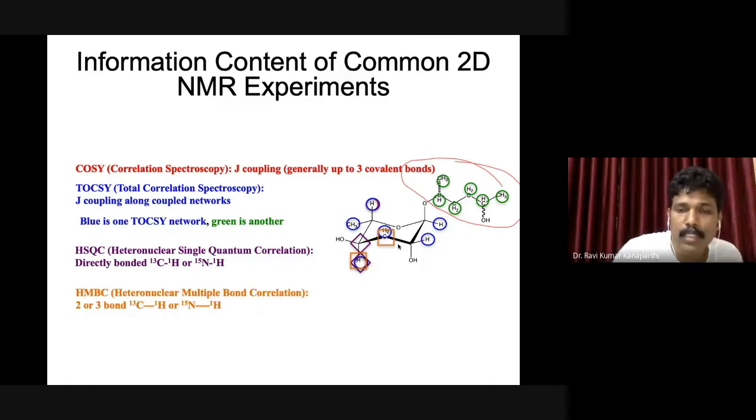Here you can see there is a proton and there is a CH carbon. They are separated by two bonds, so you are seeing this correlation. It is not a single bond. The previous one is a single bond, connecting C and H, N and H. But here you can see they are correlated by more than one bond.